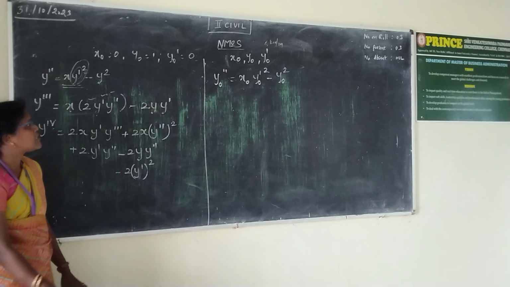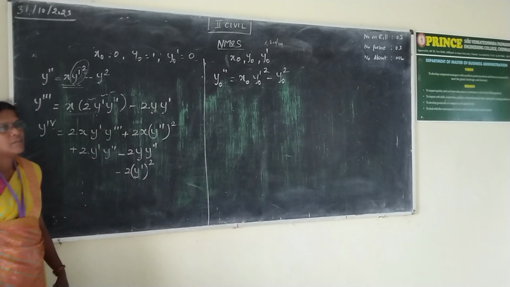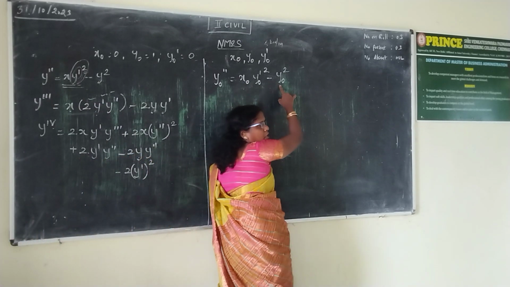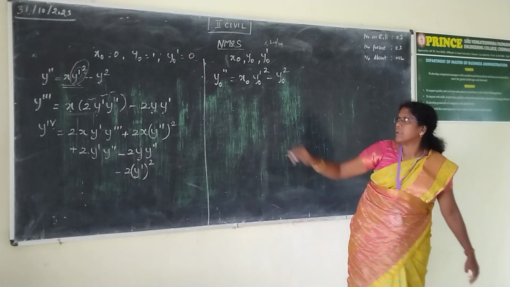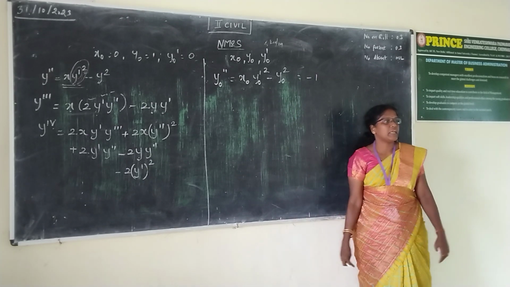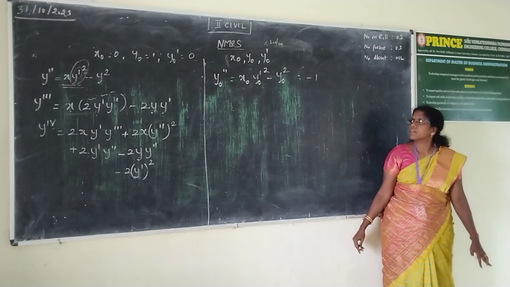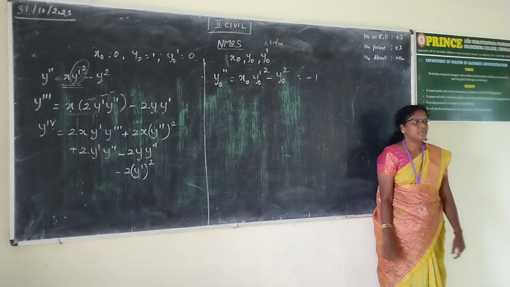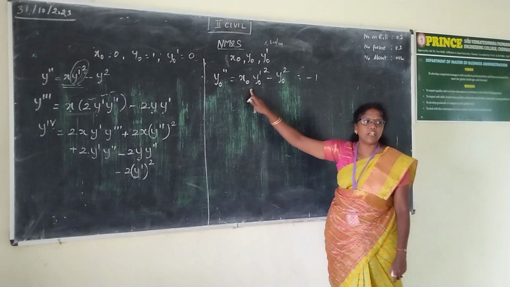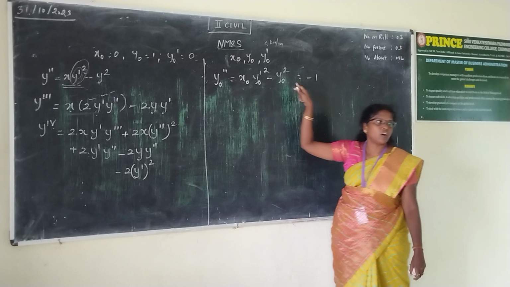Okay. What is x0 for the problem? 0. So if you substitute 0 means first term becomes 0. What is y0? 1. So you get this answer to be minus 1. In between there is one negative sign. x0 is 0, so first term fully vanishes, y0 is 1.